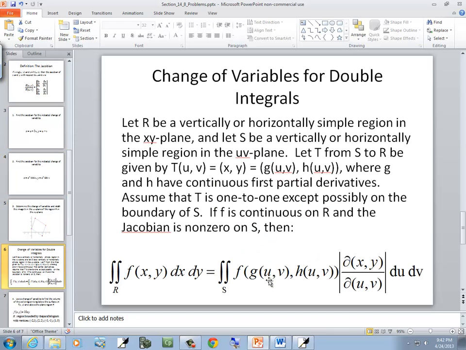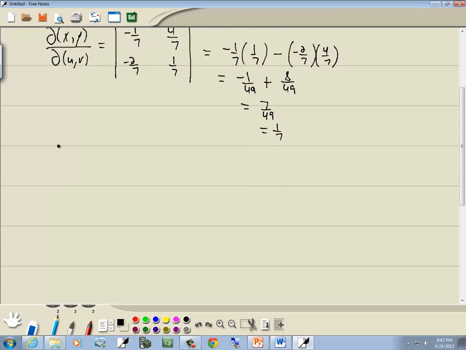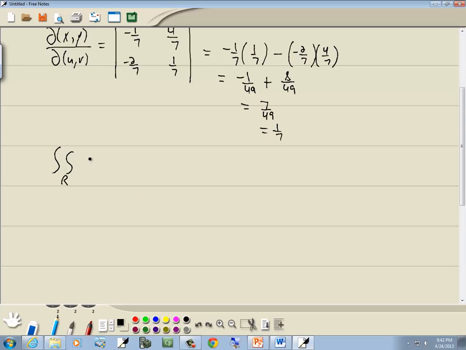Okay, now we're ready for our formula. What we're working with here is this 10xy, and we're switching it. Let me see here what I wrote down. v is equal to negative 5 to v is equal to 2, and u is equal to negative 6 to u is equal to 2.